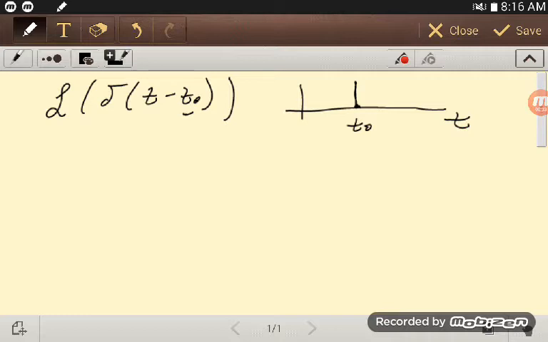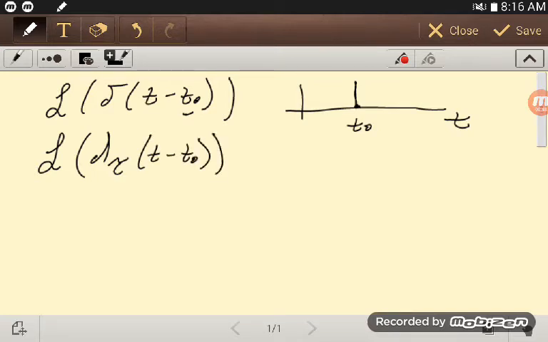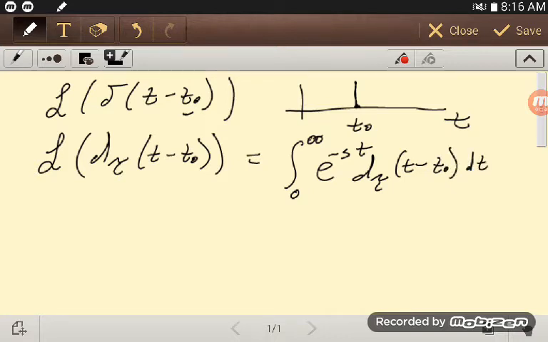And so the way we'll do it, though, is we'll go back to d tau, and we'll look at the Laplace transform of d tau of t minus t0, because that we can do. I'm not sure how to do the Dirac delta exactly without doing the limit first. And so this is by definition our integral from 0 to infinity of e to the minus st d tau of t minus t0 dt.